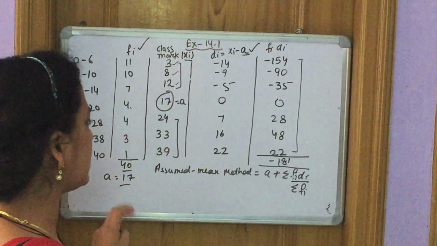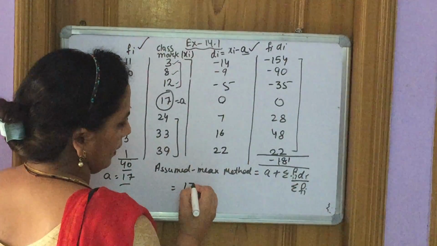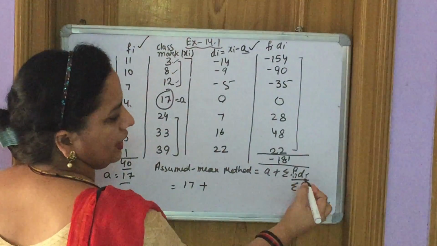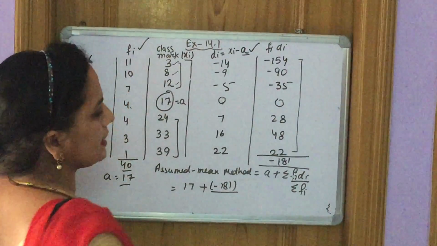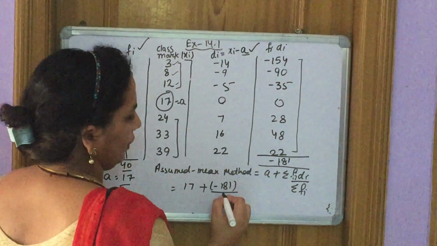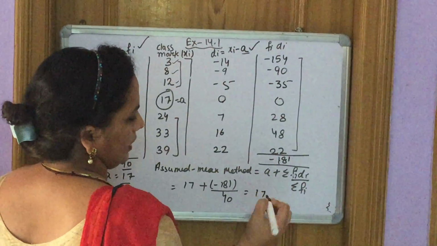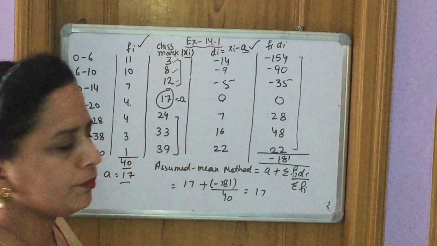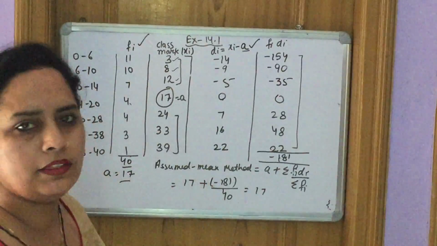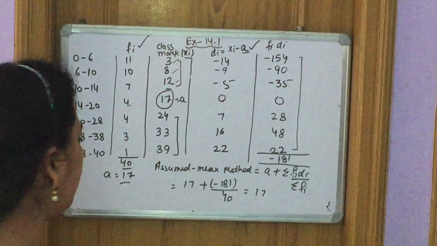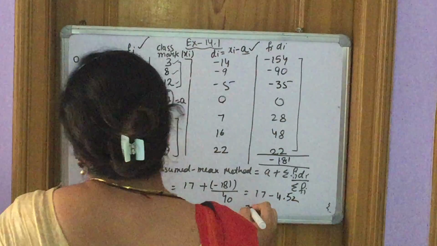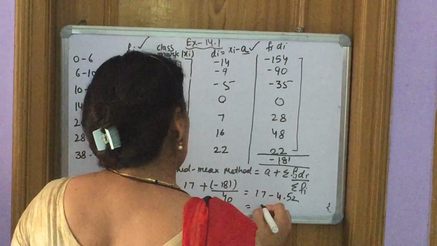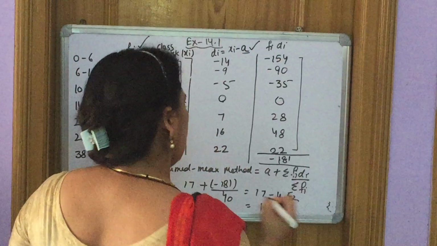The value of a is 17 plus summation fi di, that is minus 81, divided by summation of fi, this is 40. So 17, cancel out the term. If it does not cancel out, then change it into decimal form. Then we get 4 minus 52 and our final answer will be 12.48.